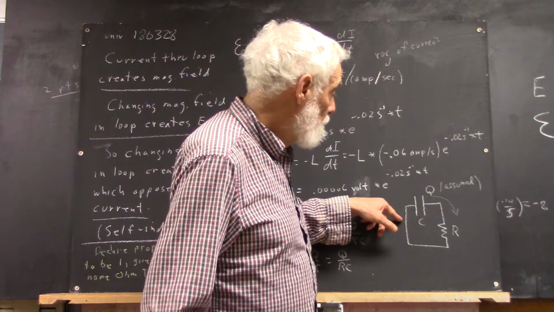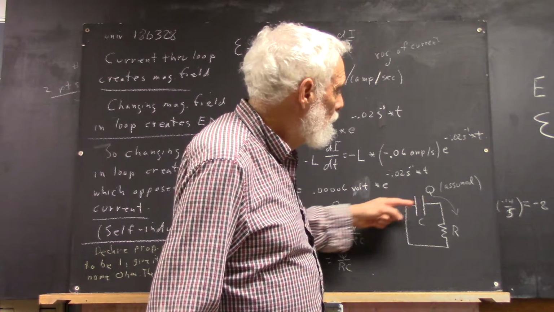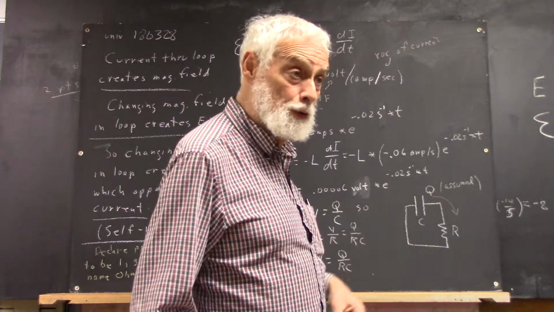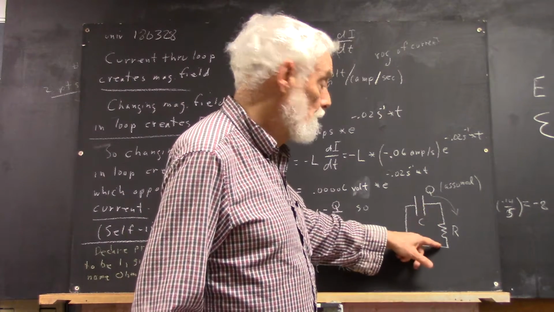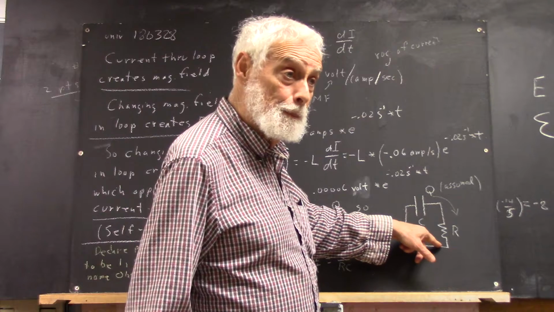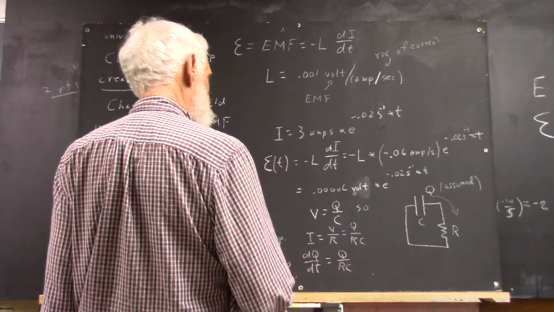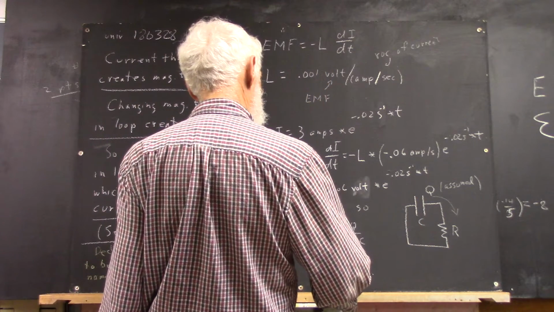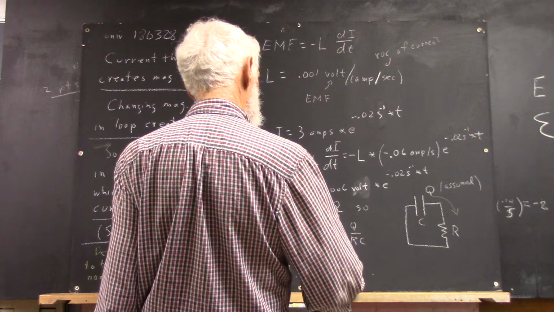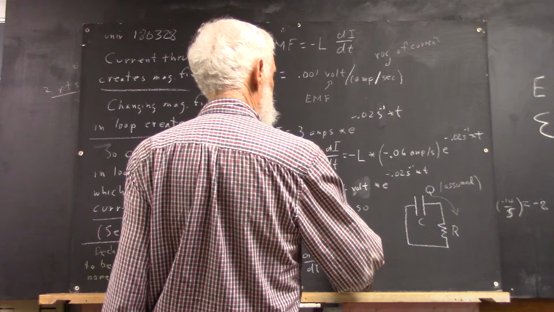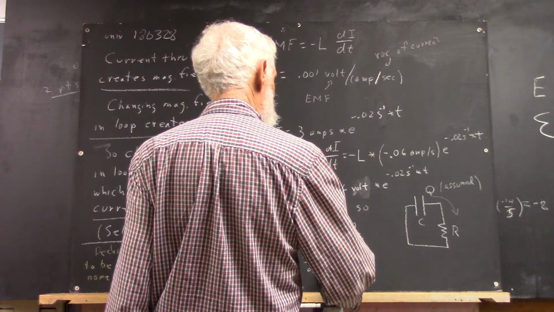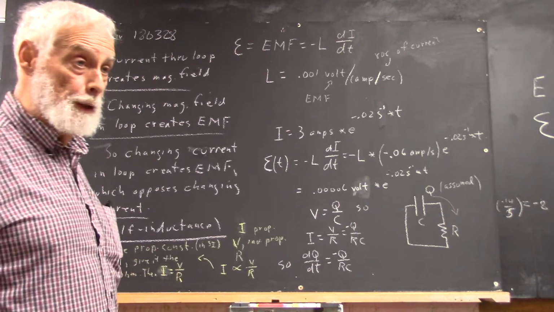So whatever the sign of your capacitor charge is in the direction you choose, the sign of your voltage change is going to be opposite. So when I write this, I should say this is negative, so that this is negative.